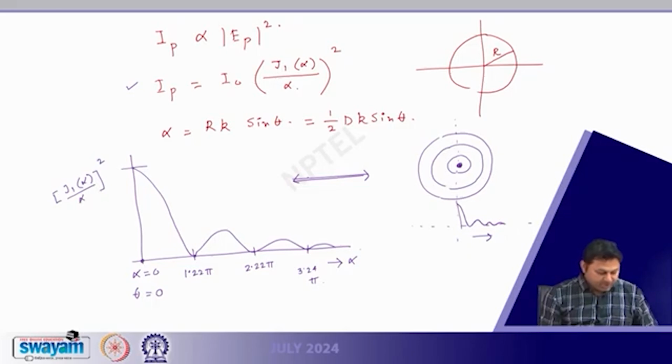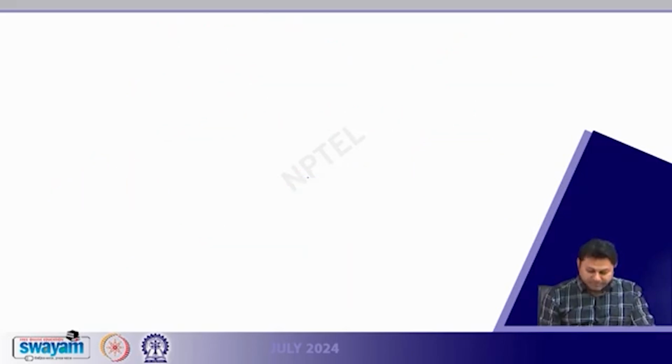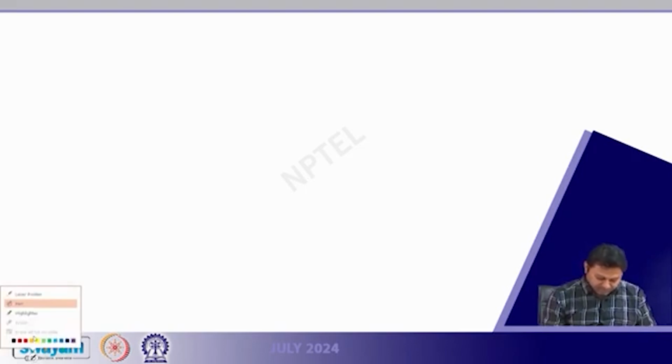So quickly, whatever time is left, let me continue, because this is associated with that: where are the secondary maxima, the condition of the secondary maxima, etc. First we calculate the secondary maxima.